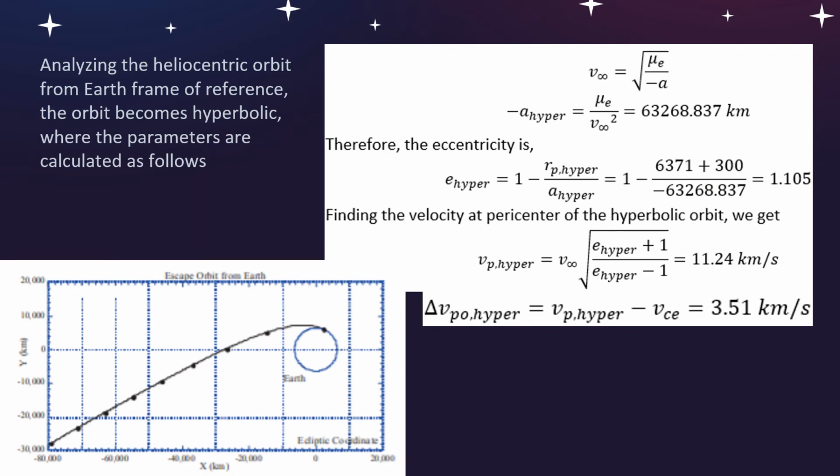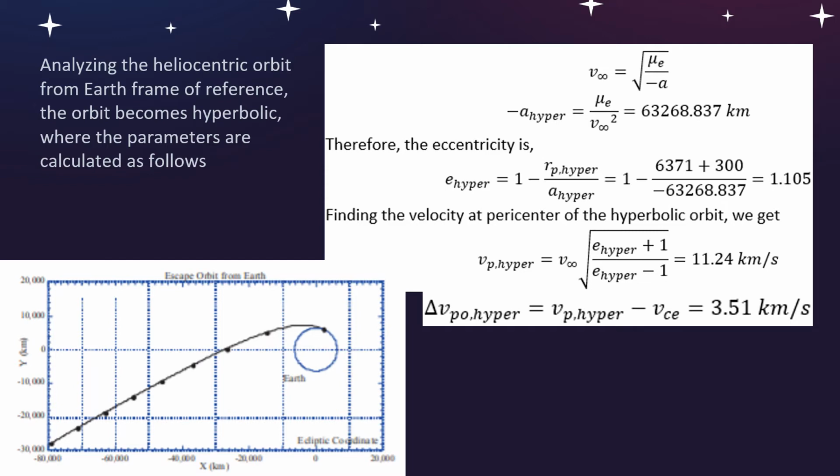Analyzing the heliocentric orbit from the Earth frame of reference, the orbit becomes hyperbolic, as can be seen on the bottom left, where the parameters are calculated as follows on the right-hand side.